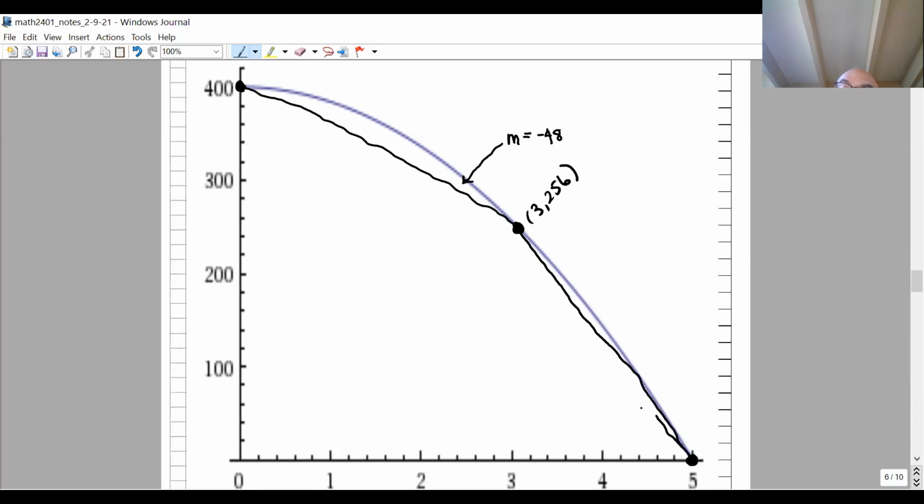Notice that this line is steeper. The second secant line is steeper than the first one. The secant line from 3 to 5 is steeper than the secant line from 0 to 3. Why is this secant line steeper?